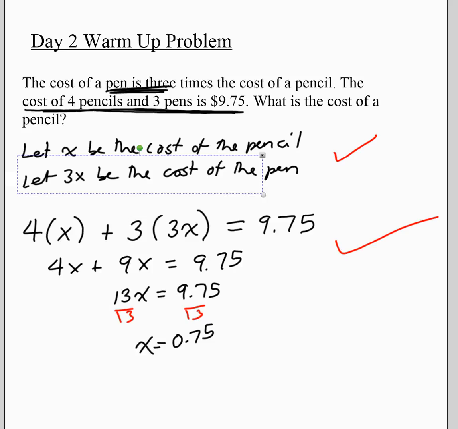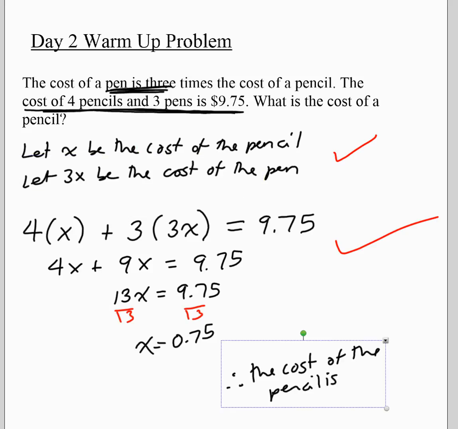If it asks for the pencil and the pen, you would then go back and do 3 times 75 to get the cost of the pen, which would be $2.25. Because the question just says what's the cost of the pencil, you now do a sentence answer, therefore the cost of the pencil is 75 cents. And remember, you would get a mark for solving your equation correctly and a mark for getting your answer.